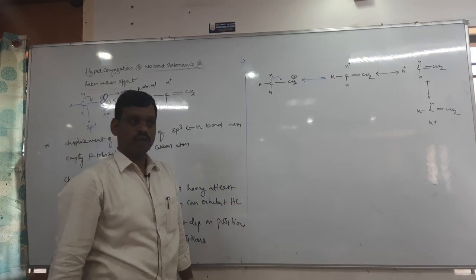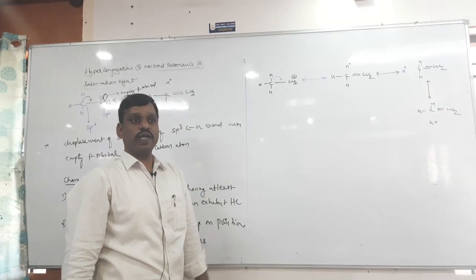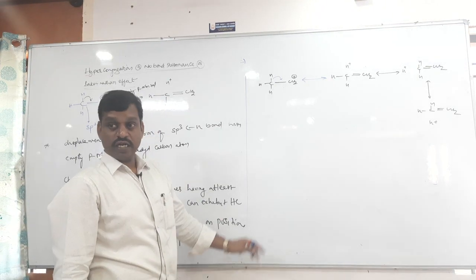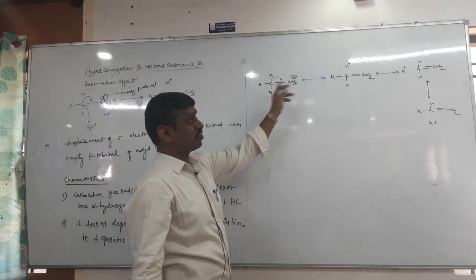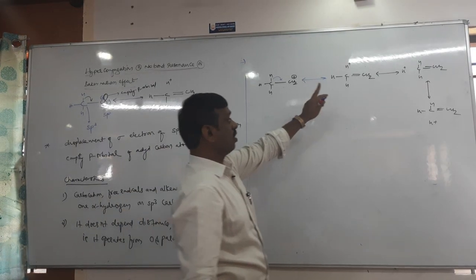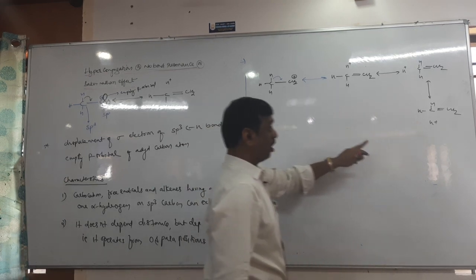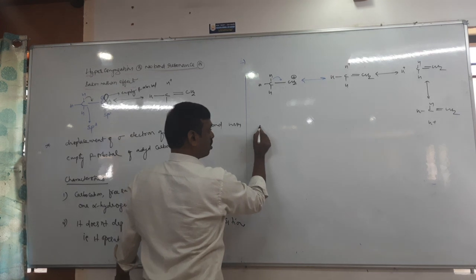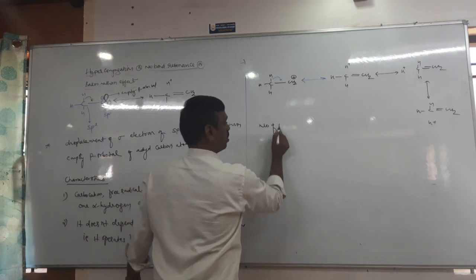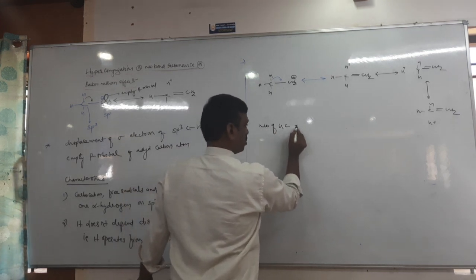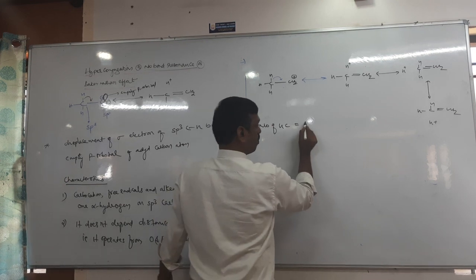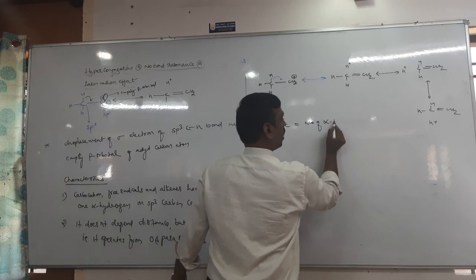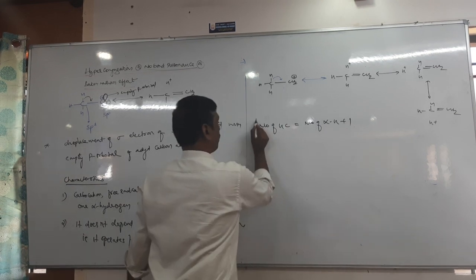No, the same as the first one you will get. Okay, then tell me now, the total number of structures, how many? It is 1, 2, 3, and this is also 1, no? So therefore 4.